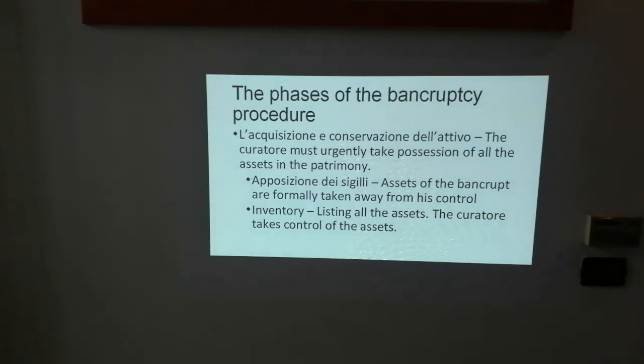Remember, the curatore is always a kind of arm for the creditors. He represents obviously the interests of everybody, but particularly the creditors. He's looking after their interests. The whole process of bankruptcy often is for the creditors' interest, to safeguard the creditors' investments, not for the interests of the bankrupt person or organisation.